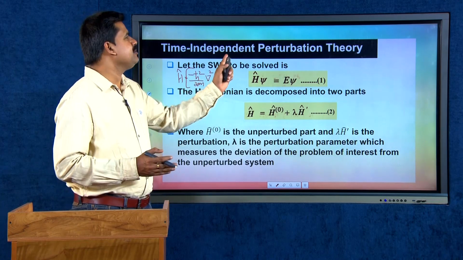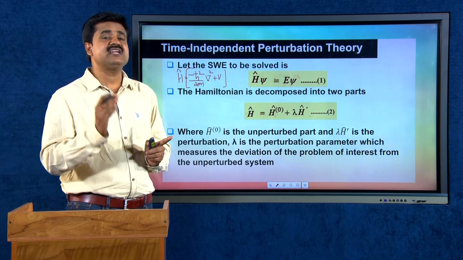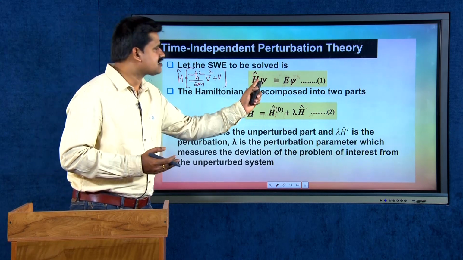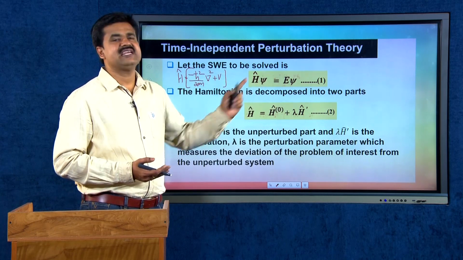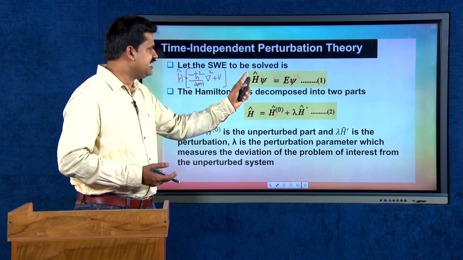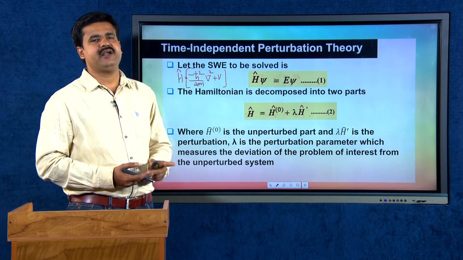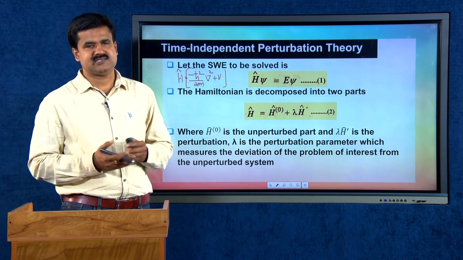So, the time independent perturbation theory begins from the time independent Schrodinger wave equation. This is the time independent Schrodinger wave equation. Hamiltonian psi is equal to energy into psi. The Hamiltonian in this expression, in equation 1, can now be decomposed into two parts.